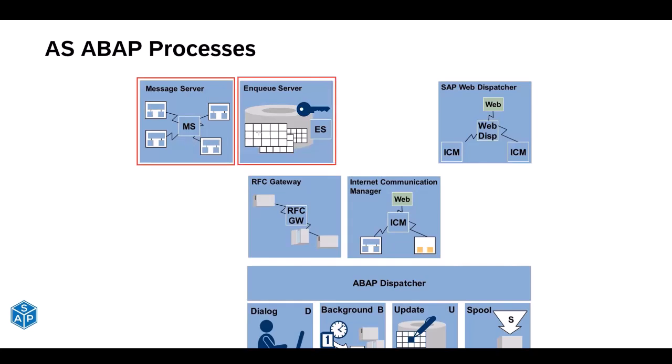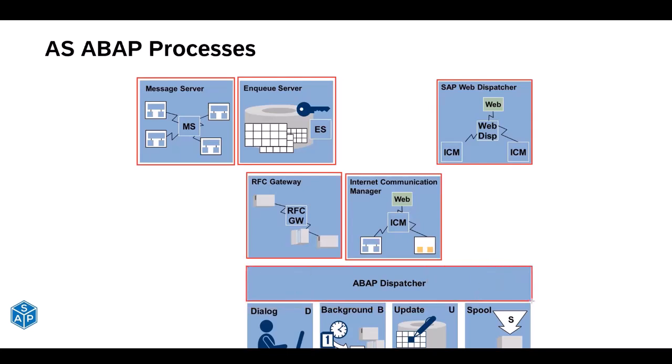Then you have the web dispatcher, then the RFC gateway, then the ICM, Internet Connection Manager, then the ABAP dispatcher. Under the dispatcher, you have different work processes. D stands for dialog, B stands for background, U stands for update, and S stands for spool work process. Basically, these are the four types of work process.